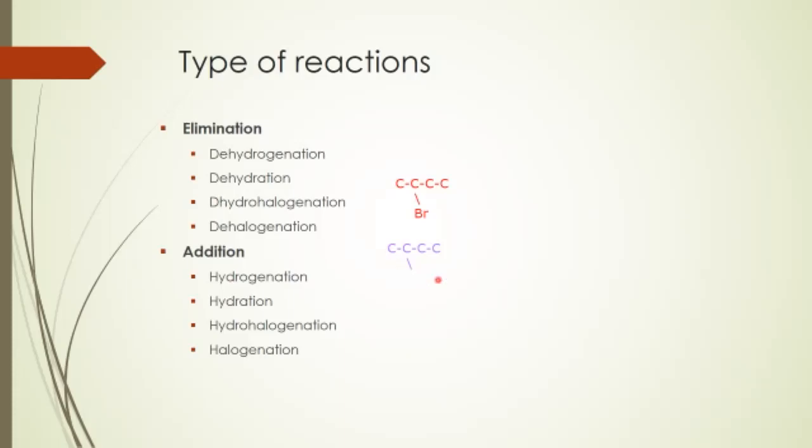Remember, this is CH3. I'm expecting to see CH2 here. I'm expecting CH3 here. I'm expecting your H at the top because your bromide was at the bottom. Or if your bromide was at the top, then I would expect your H at the bottom. It's all up to you.